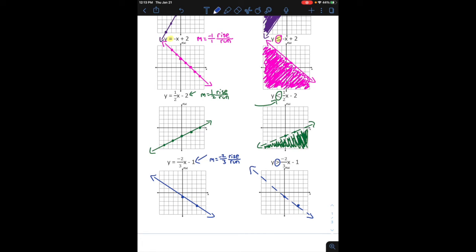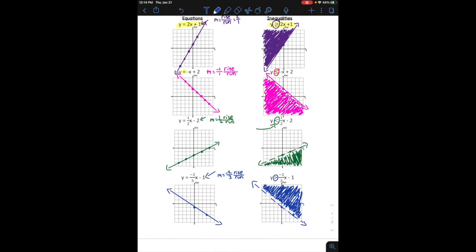Where are the solutions? Greater than the line or above it, so that is the side that we will shade. Again, one of the main differences between equations and inequalities is that inequalities have a lot more solutions. Therefore, we show that on the coordinate plane by shading one side or the other.